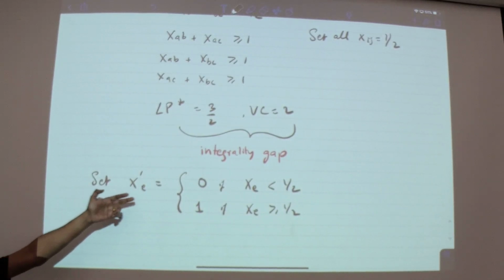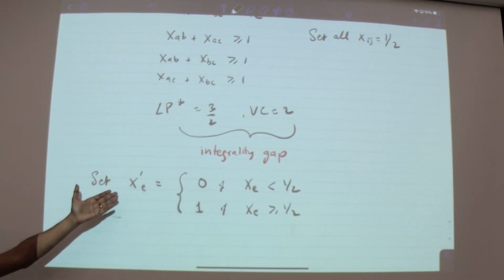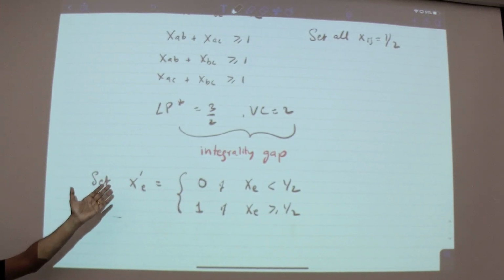So there's a solution, right? I can actually pick edges now. There's 0 or 1. What could go wrong just from a purely feasibility point of view? Yeah?